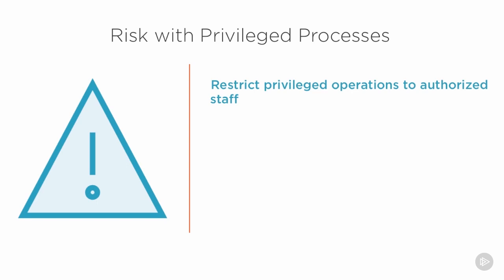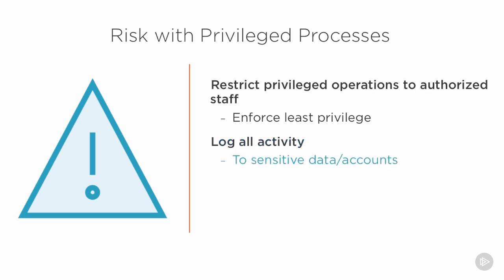Certainly, we want to restrict operations to authorized staff, enforcing these ideas of least privilege and logging all of the activity on the system. Who did what? Especially when somebody is gaining access or trying to gain access to some type of sensitive data or sensitive accounts.